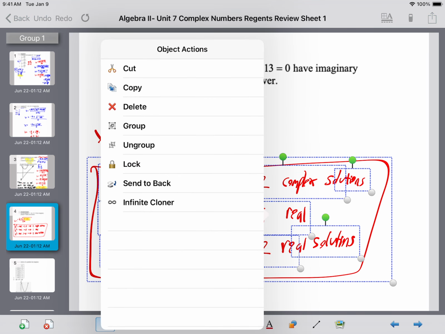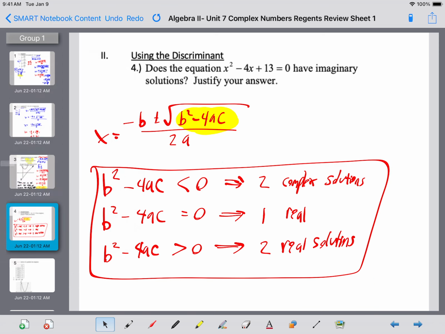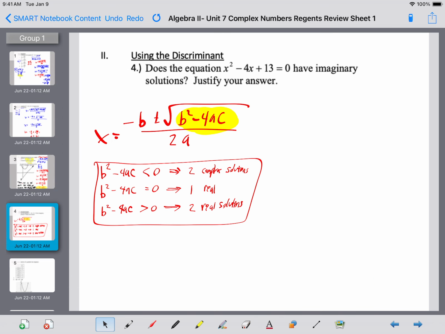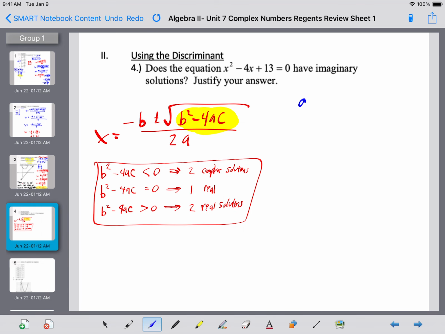You could just use the quadratic formula and prove that you have two imaginary or real solutions or one real solution because of the answer that you receive from the quadratic formula. But let's use the discriminant law because we just did that a lot. List out your A, your B, and your C: 1, -4, 13, and just plug into the discriminant.